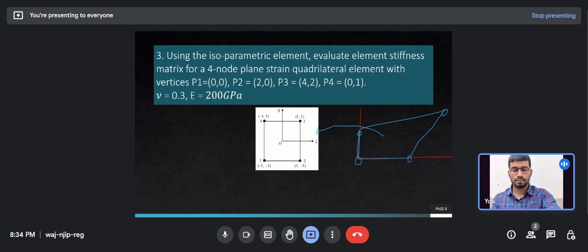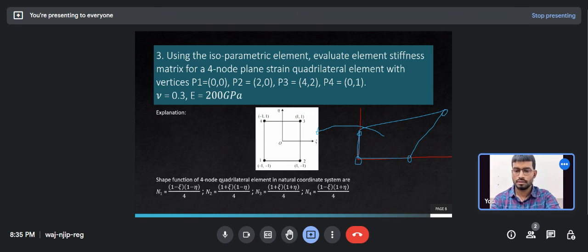So in the natural coordinate system, this is node 1, node 2, node 3, node 4. And in the previous slide also, we have seen the shape functions for node 1, and with this one, shape functions for node 2, node 3, node 4.